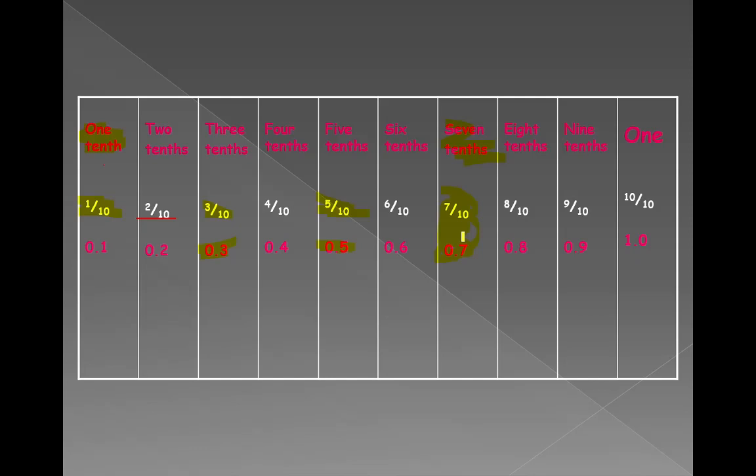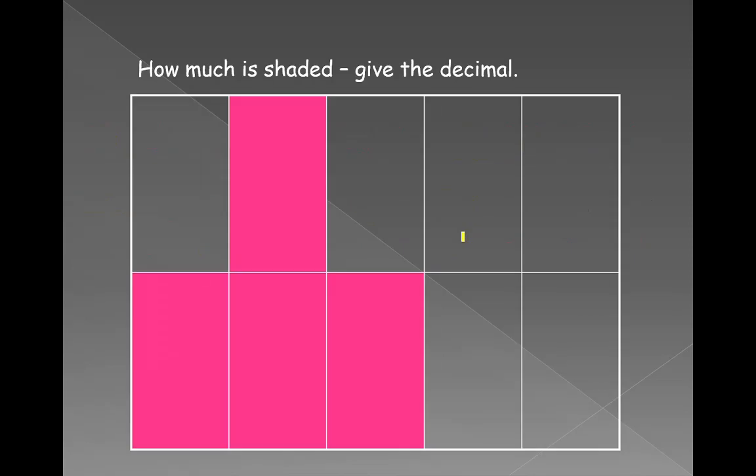Okay, right. Now we're going to move on to the next bit here. So here are some pictures. Oh, hang on. This is one big rectangle, and it's chopped into 10 smaller rectangles. Why do you think I've done that? Well, it's because decimals are all about tens. These are tenths. The big rectangle would be 1, but each small rectangle is 1/10, or 0.1.